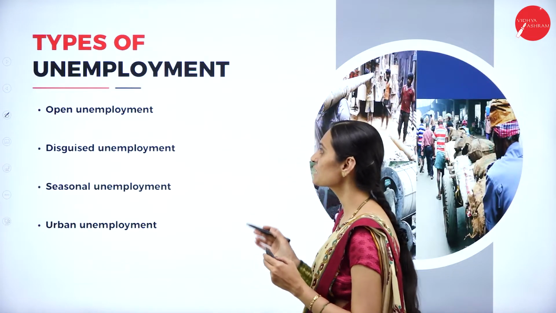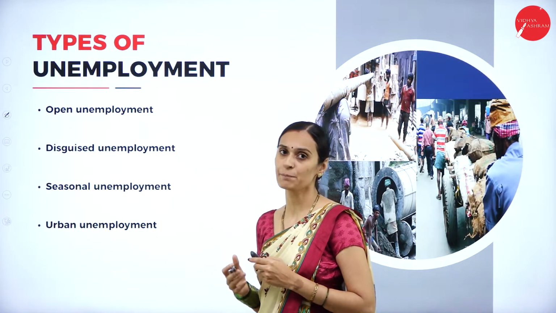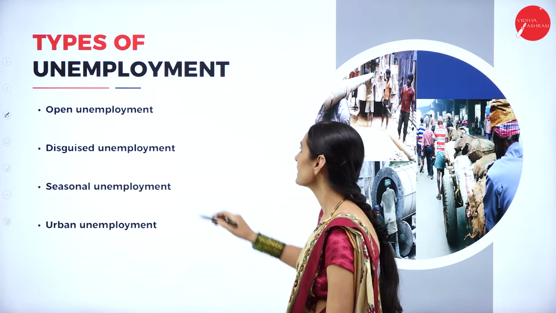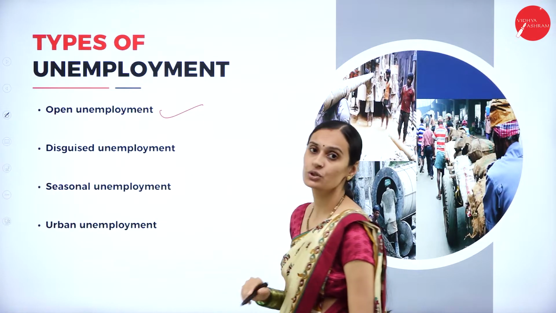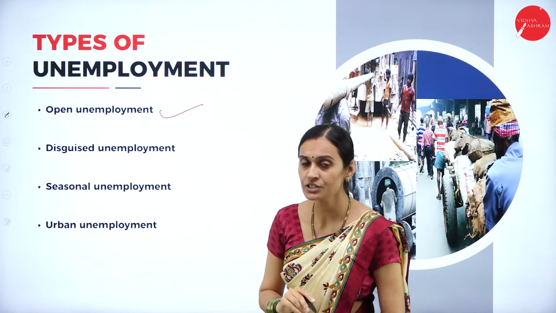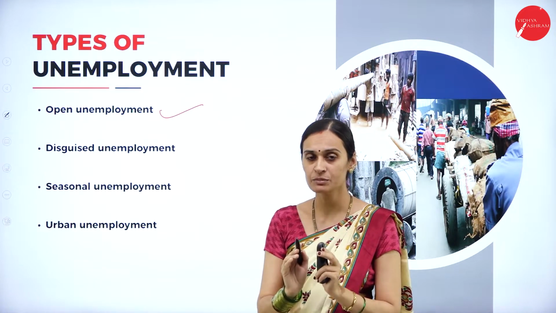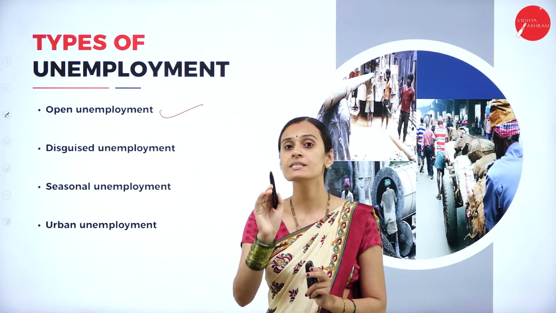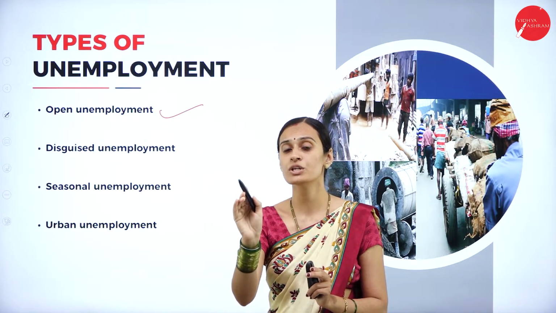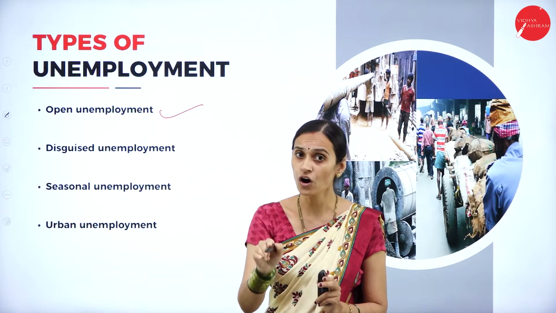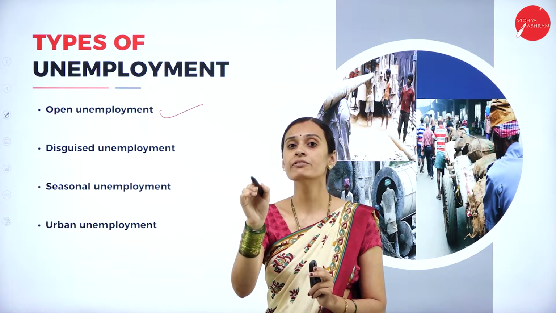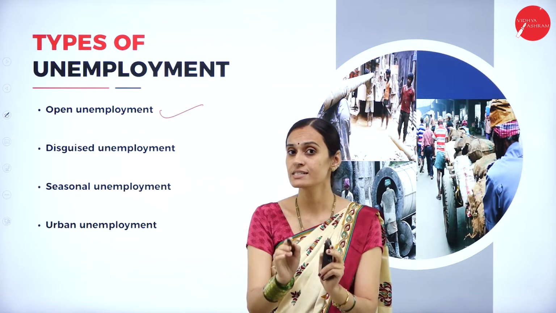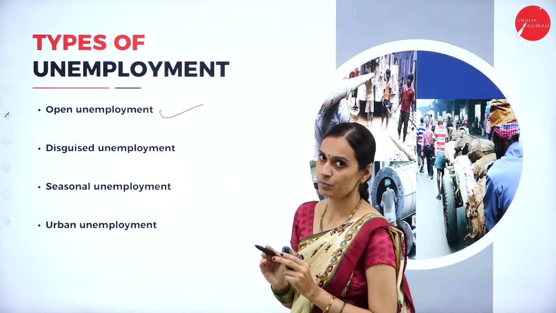Let us discuss the different types of unemployment. First one, open unemployment. What do you mean by open unemployment? It means people have the ability to do the work, but it is not possible to get job opportunities, or they are not gainfully employed. That is considered open unemployment.